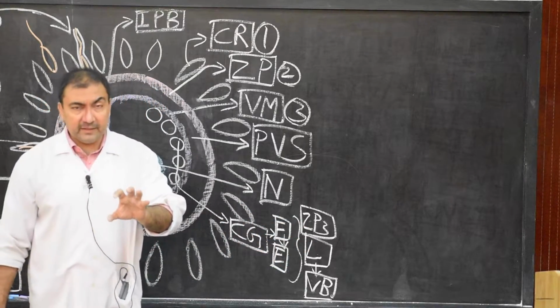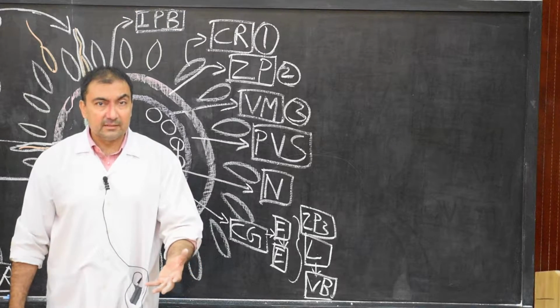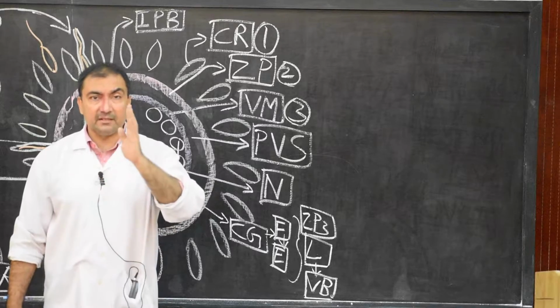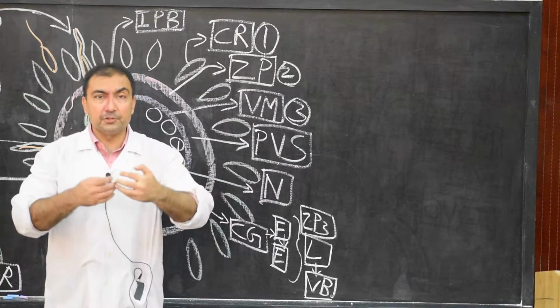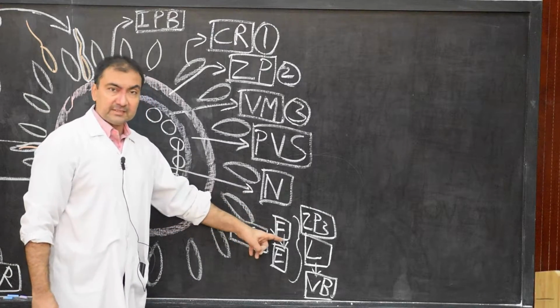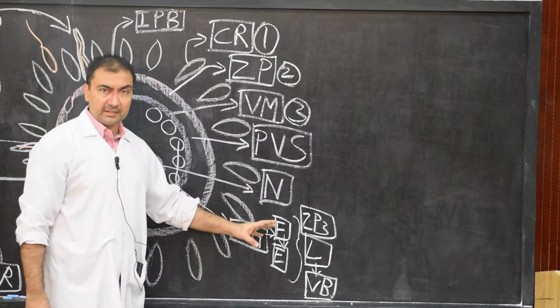This is an important event which takes place at the end of the second stage of fertilization, that is, contact and fusion of gametes. You need to understand this. Here we finish the zona reaction.